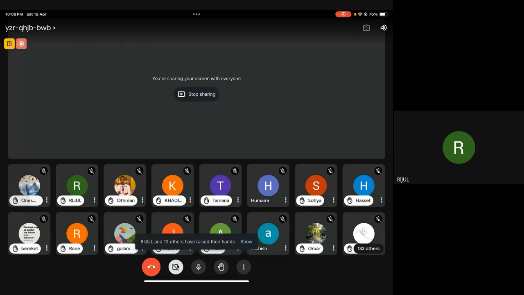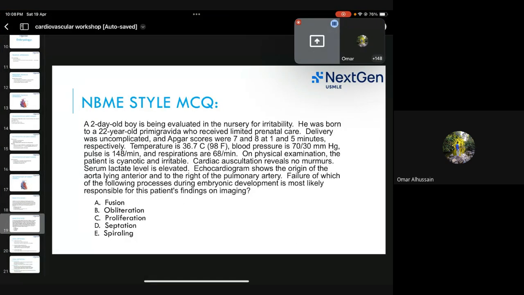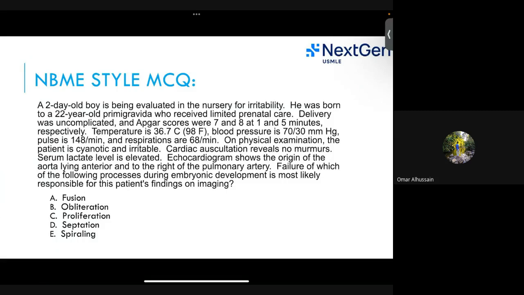Doctor. Dr. Umar, can you please turn on your mic? That's perfect. So this is going to be an MCQ for Dr. Umar. He is going to read it for us and try to look for the answer.